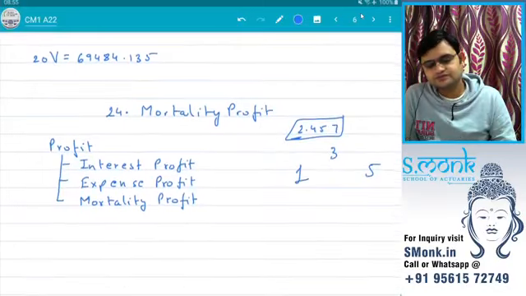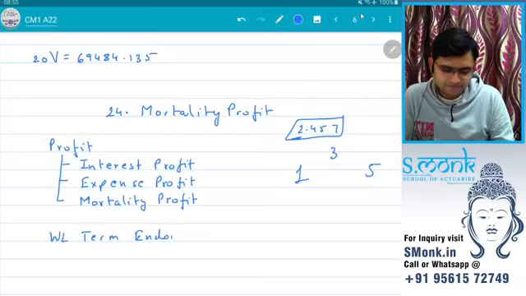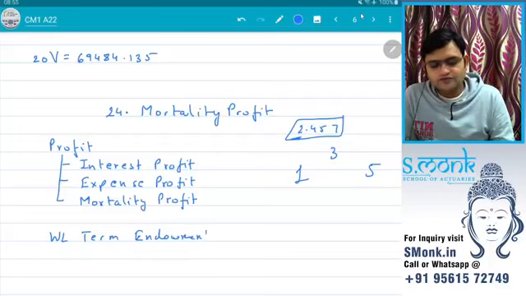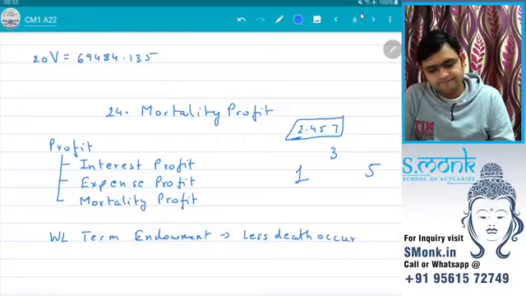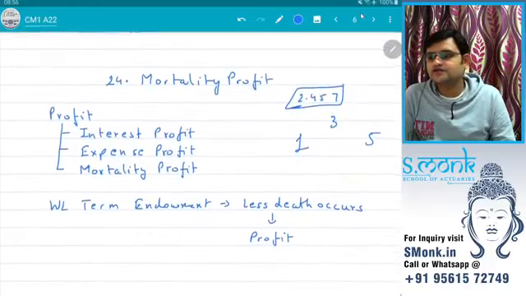If we are talking about whole life, term, or endowment, in all of these, if fewer deaths than expected occur, then we will have profit.